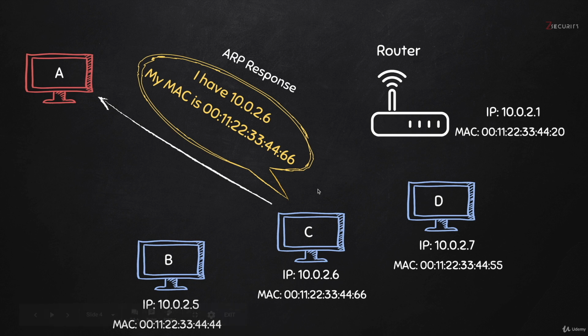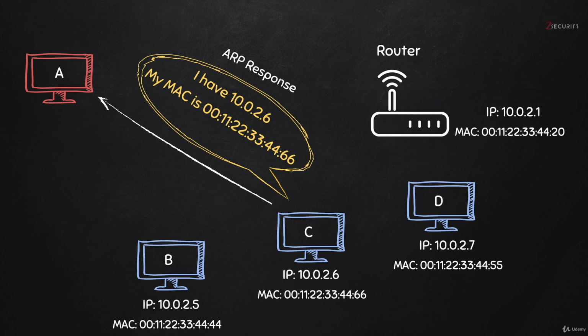In this response, device C is going to say, I have 10.0.0.26, my MAC address is this MAC address. This way, device A will have the MAC address of device C, and now it will be able to communicate with device C and do whatever task that it wanted to do initially.